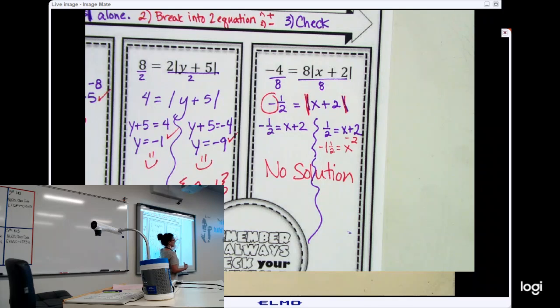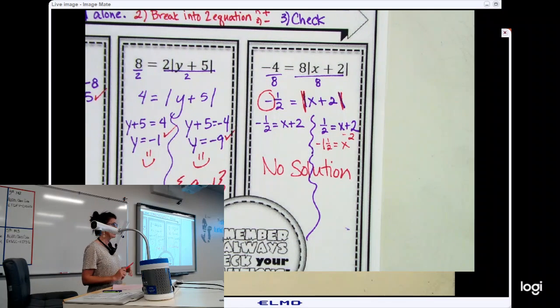What's -1.5 plus 2? -1.5 plus 2 is half, right? Does the absolute value of 1/2 equal -1/2? That's not the same, right? So there you know it would be a bad answer. So that's why we always need to check. But if you can catch it right here, save yourself some heartache.